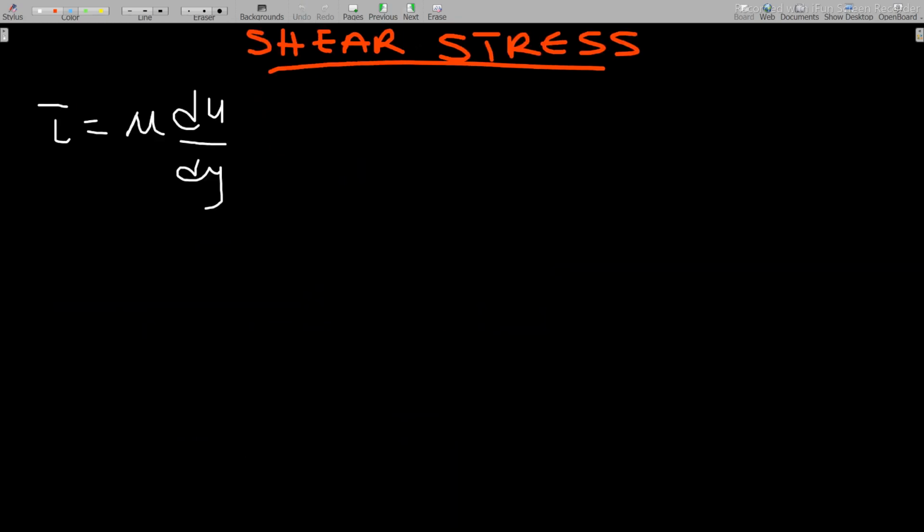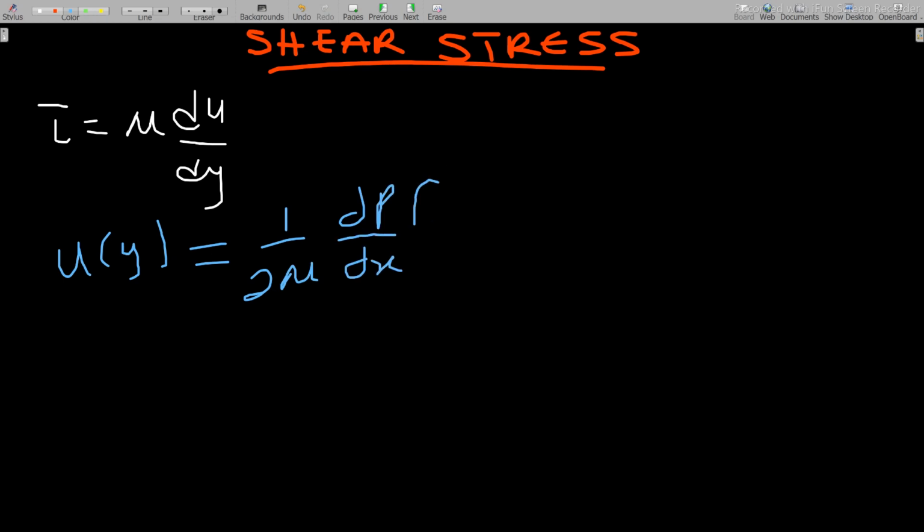All right, so our shear stress is that, but we know that our velocity u of y is equal to 1 over 2 mu, del p del x, then we have y squared minus ym y.